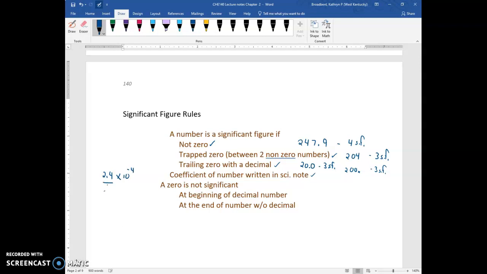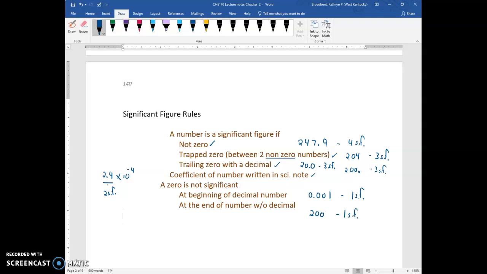We would say that has 2 significant figures. Now, zeros are not significant if they're at the beginning, or they're like this. 0.001 has 1 significant figure. They're also not significant if there is no decimal at the end. So if I had this number 200, but this time there's nothing in the decimal, there's not a decimal, this also has 1 significant figure.